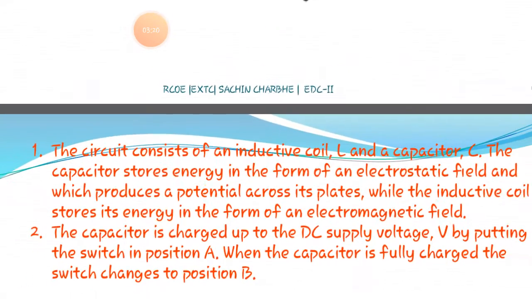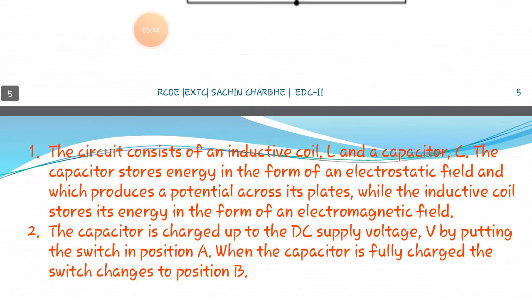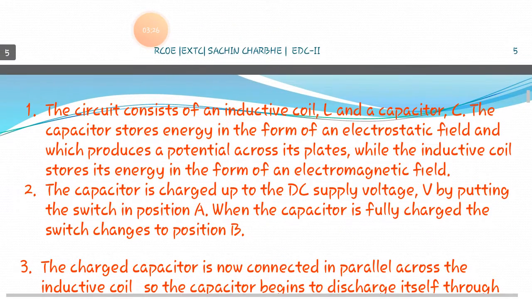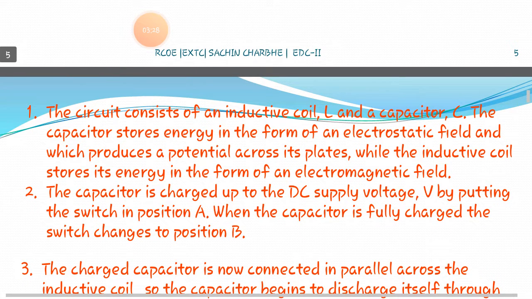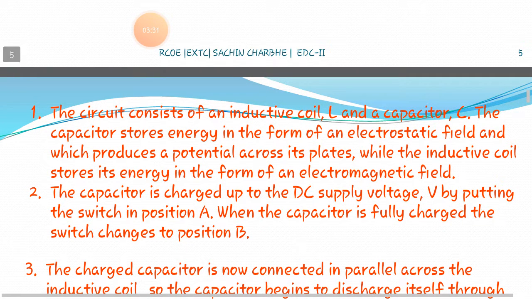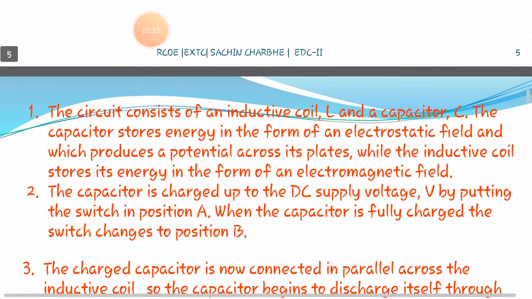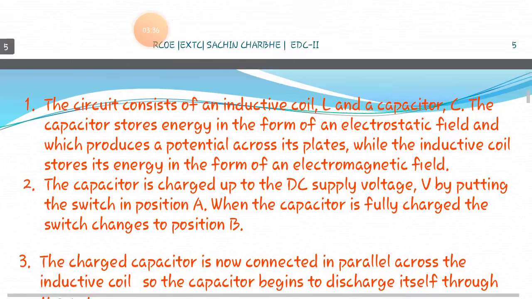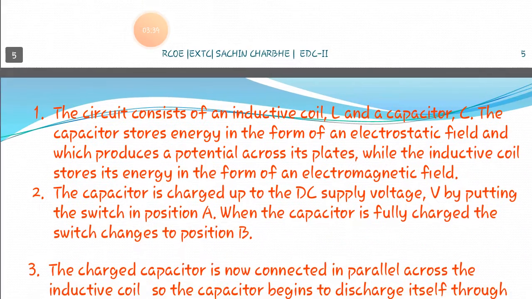The circuit consists of an inductive coil L and a capacitor. The capacitor stores energy in the form of an electrostatic field, producing a potential across the plates, while the inductive coil stores its energy in the form of an electromagnetic field. That is shown in the figure.